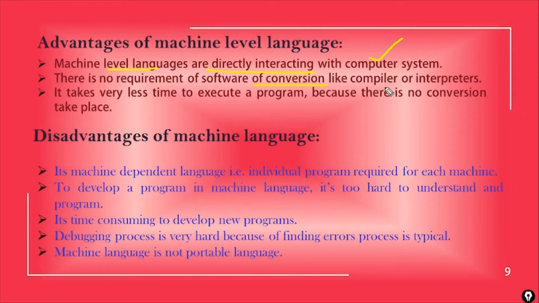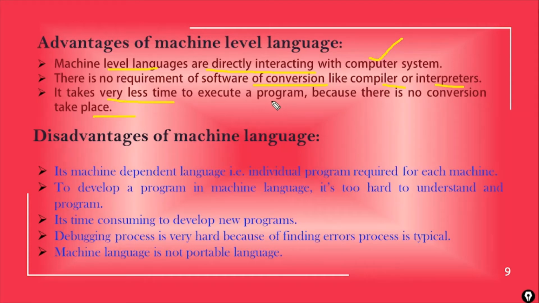Generally, programs written in any programming language have to be converted using a compiler or an interpreter. But here there is no need to convert, because these programs are directly written in ones and zeros, and it takes very little time to execute the program, because no conversion takes place. So these are the advantages.